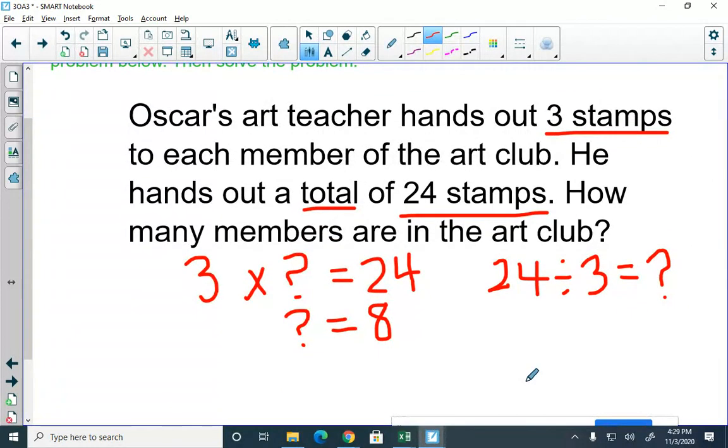If I don't know my facts yet, I could actually draw it out, giving 3 stamps to each member. I would do it in groups of 3, like this.